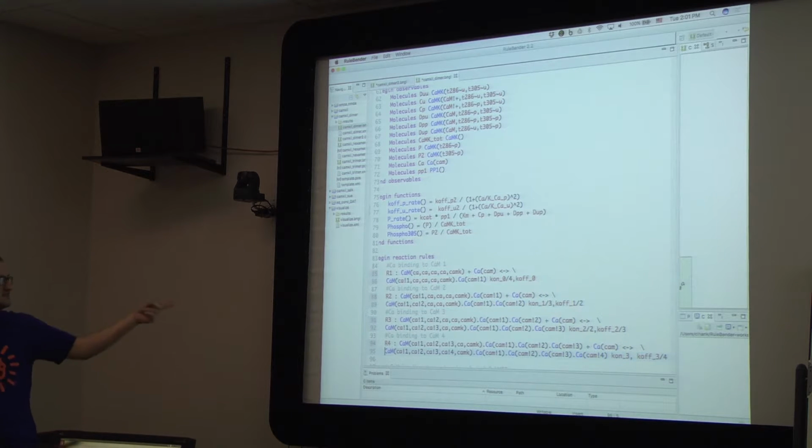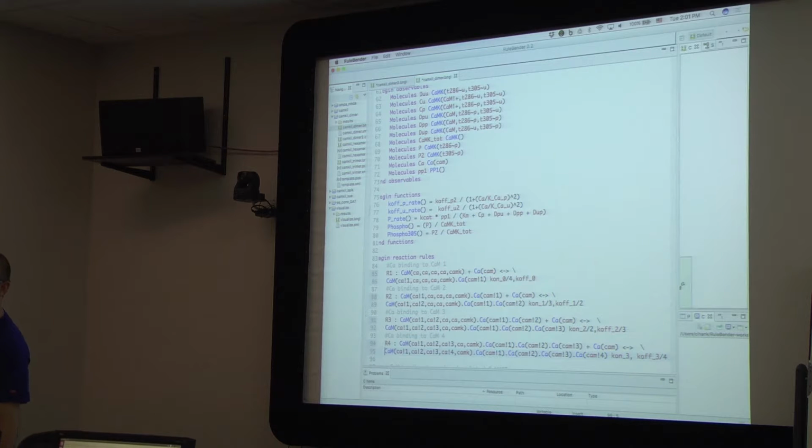But when you write a rule like this, that means you can only bind to one of them. So you just need to reduce the on rate by a factor of 4, so that when BioNetGen generates the network, it multiplies it by 4, because there are 4 binding sites, and then it makes the same total rate. I'm not sure I explained that very well.